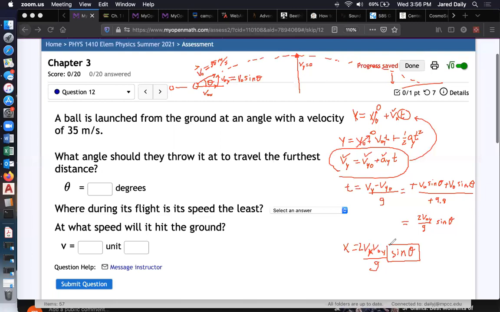Well, actually, let's see, what are they wanting to do? What angle should they throw it at to travel the farthest distance? Did we get that right? I think I made a mistake here. Did anyone see me make a mistake?